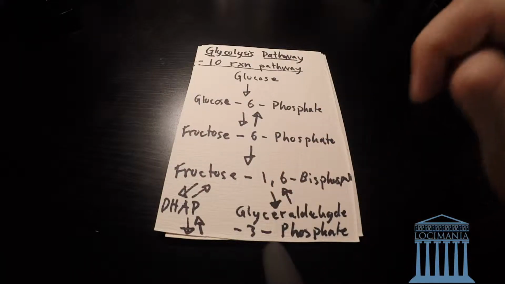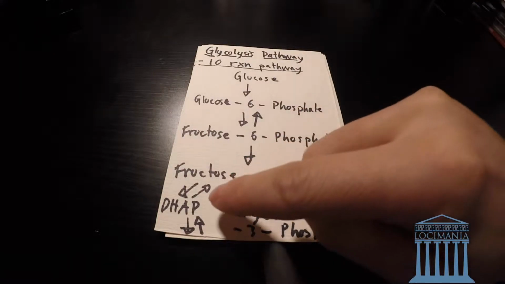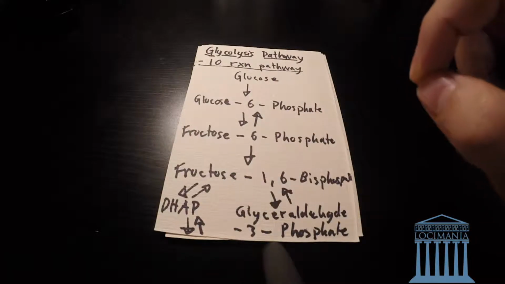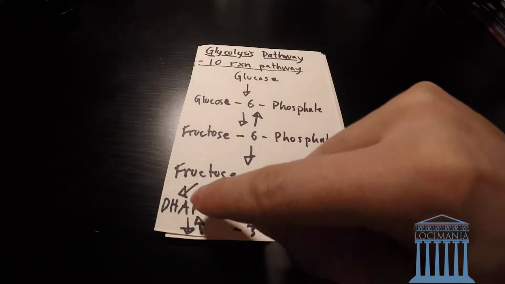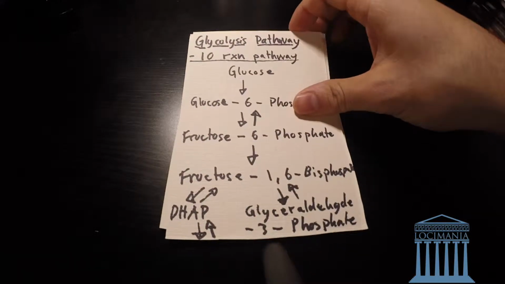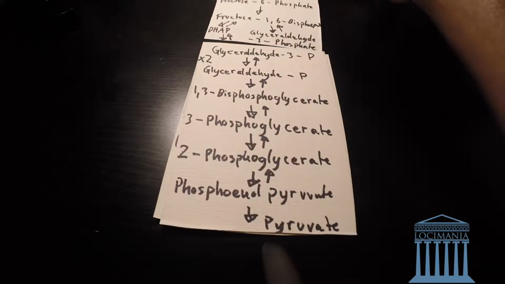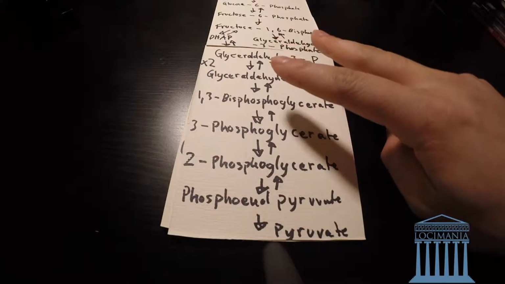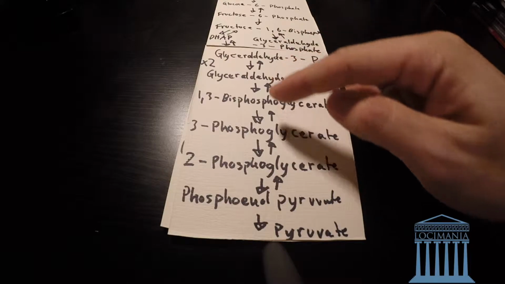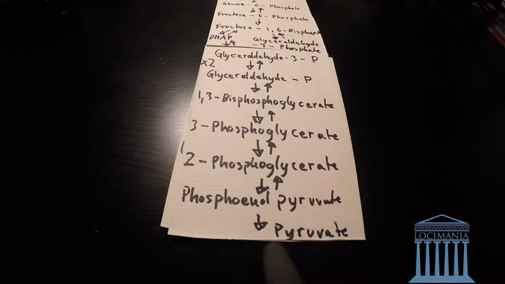So from fructose 1,6-bisphosphate, we'll get DAP, dihydroxyacetone phosphate, and glyceraldehyde 3-phosphate. This DAP will become a glyceraldehyde 3-phosphate as well. And that will generate 2 glyceraldehyde 3-phosphate. So everything you see here is times 2.